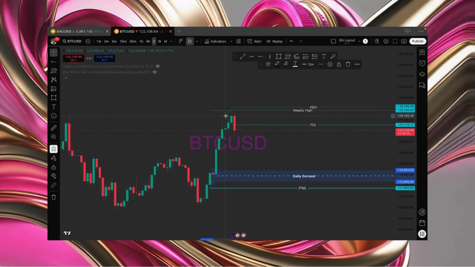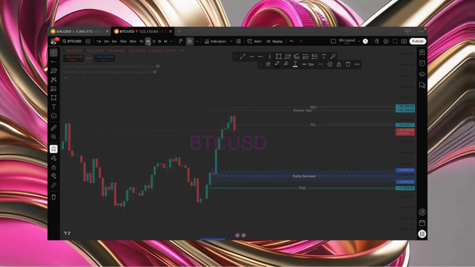But I want to know what is price showing me. And anytime you're marking up supply and demand, you can know when the institutions are in the market based on the volume in the candles that it leaves behind, okay?